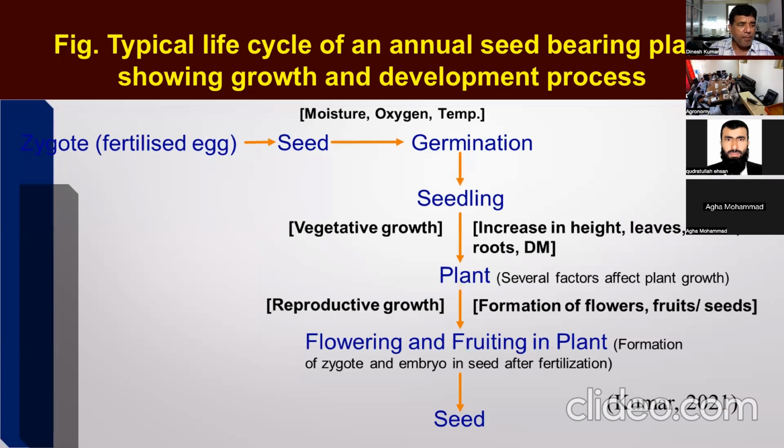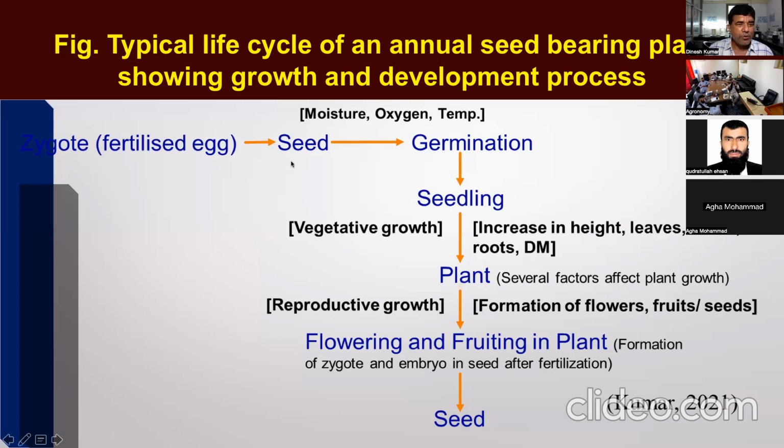Then it becomes an embryo, and in the embryo, embryogenesis happens. It will develop different parts of the seed. So through embryogenesis, it makes the seed, and the seed will contain the embryo.